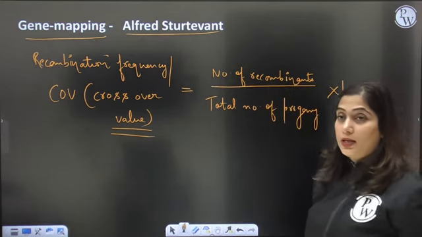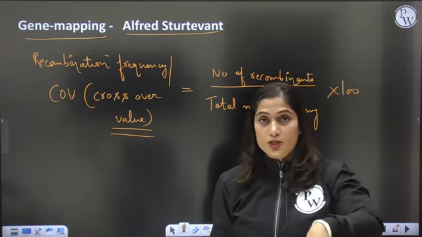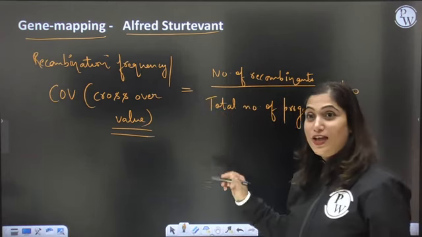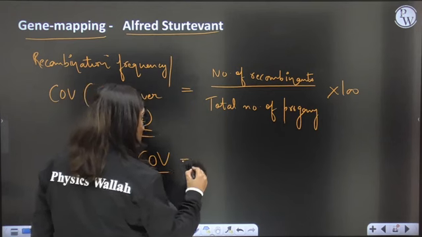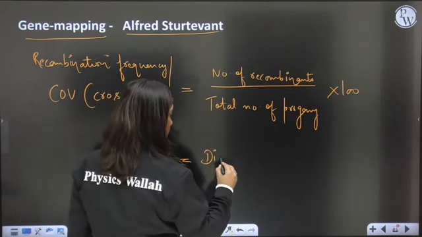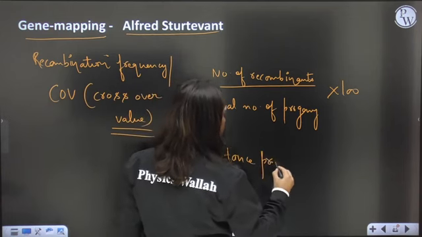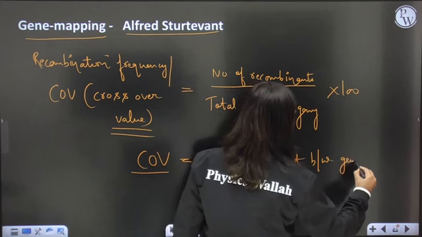If we know how many recombinants are there in a population, then we can predict the recombination frequency or crossover value. And this crossover value is equal to the distance present between genes on the same chromosome.